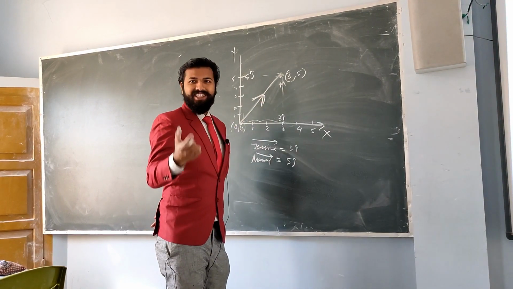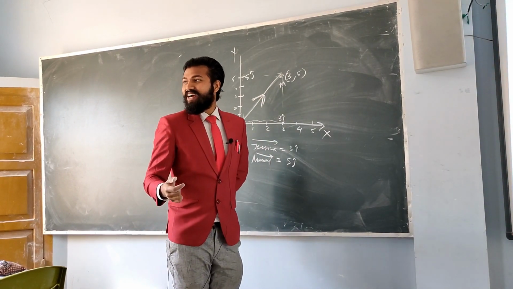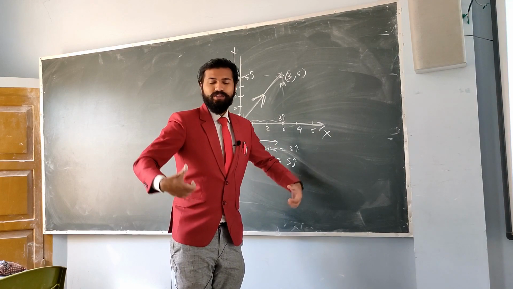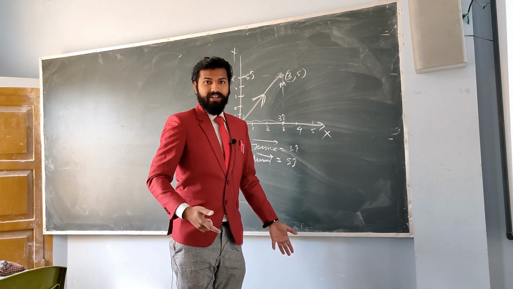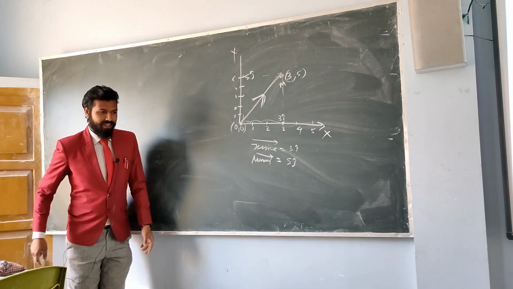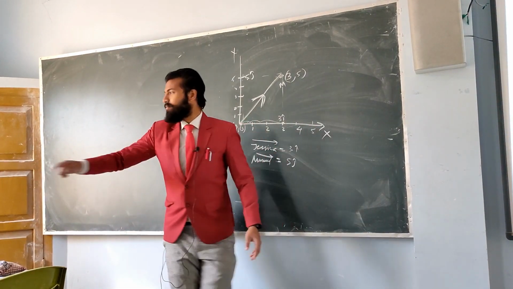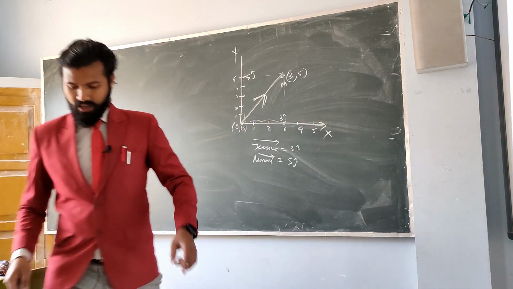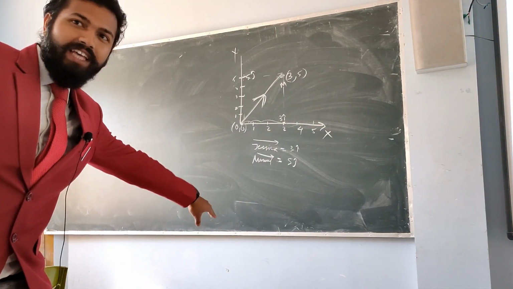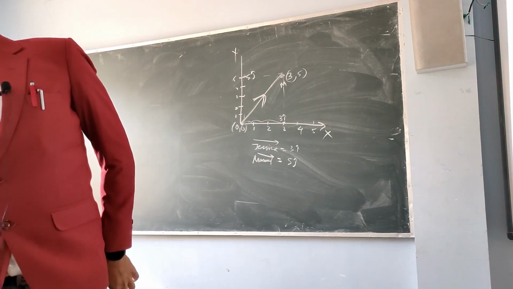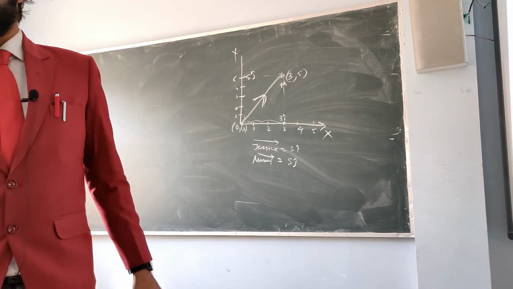It is the direction of x also and y also, because it is not moving in a specific direction. It is moving in dual direction. I moved across the x-axis also, y-axis also. So what will be my vector now?